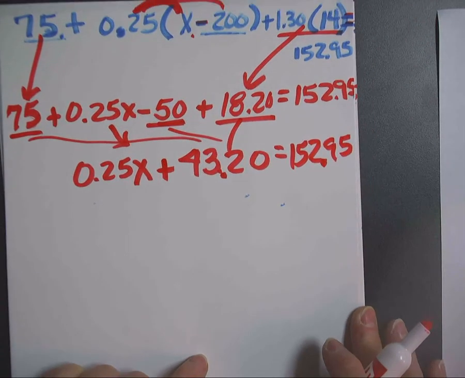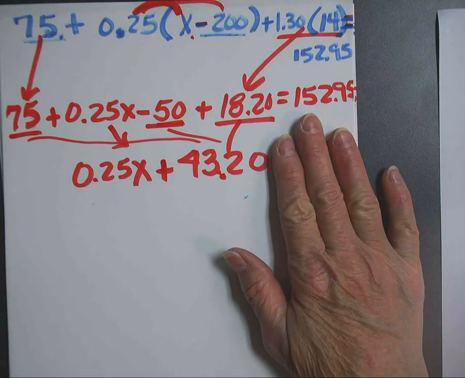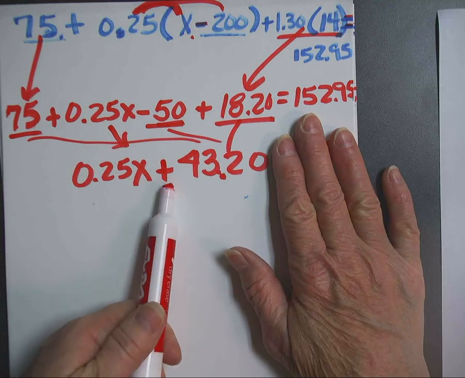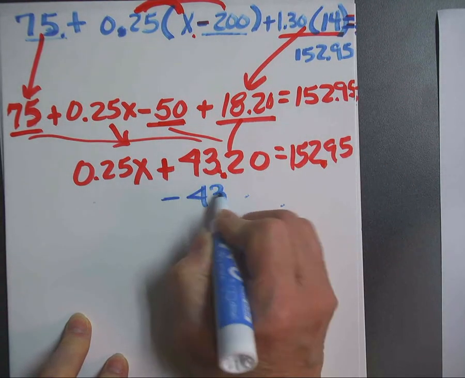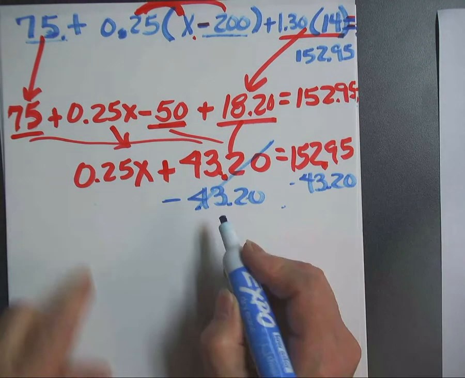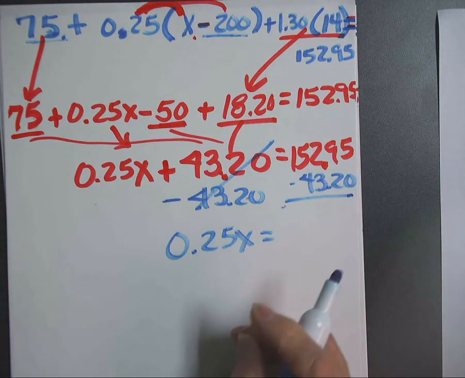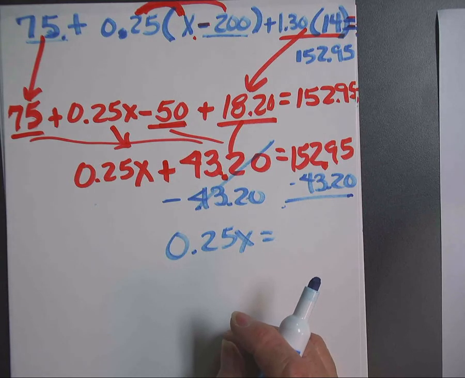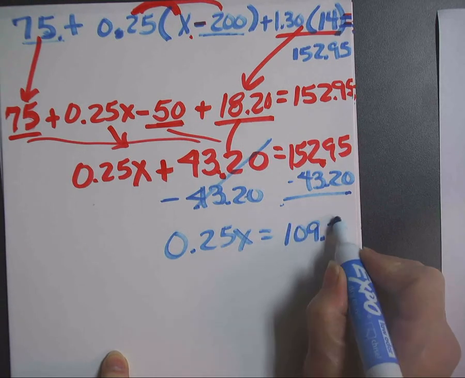Now, what are we going to do to solve that? Divide by the 0.25? Not going to divide yet. This is plus, so we're going to subtract this first. So you have 0.25x equals, is that 109.75?